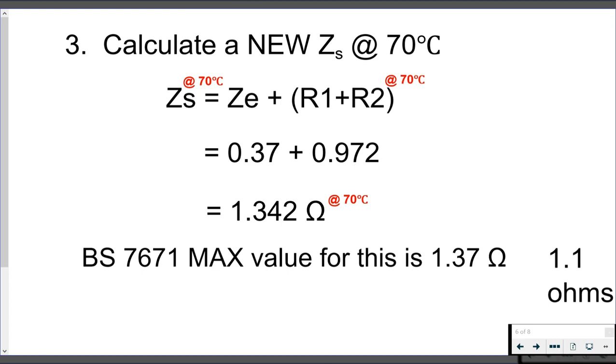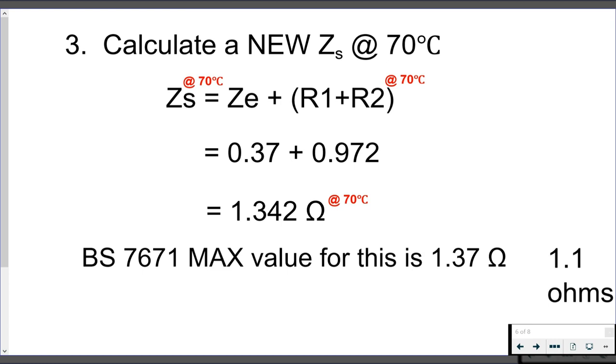After this, step 3, we have to calculate a new Zs at 70 degrees C. So we just carry out a normal earth fault loop impedance calculation. To calculate our new Zs at 70 degrees C, we take our Ze value and add it to our R1 plus R2 value at 70 degrees C. So we take the 0.37, add it to 0.972 from the previous step, and that gives us a new Zs value at 70 degrees C of 1.342 ohms.